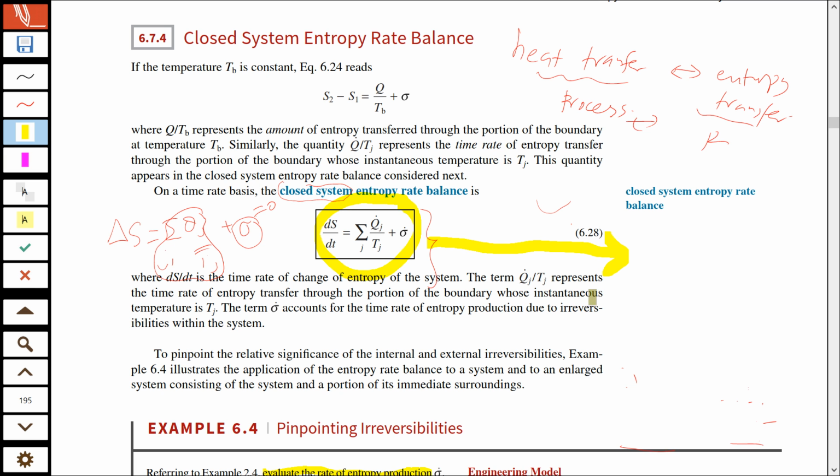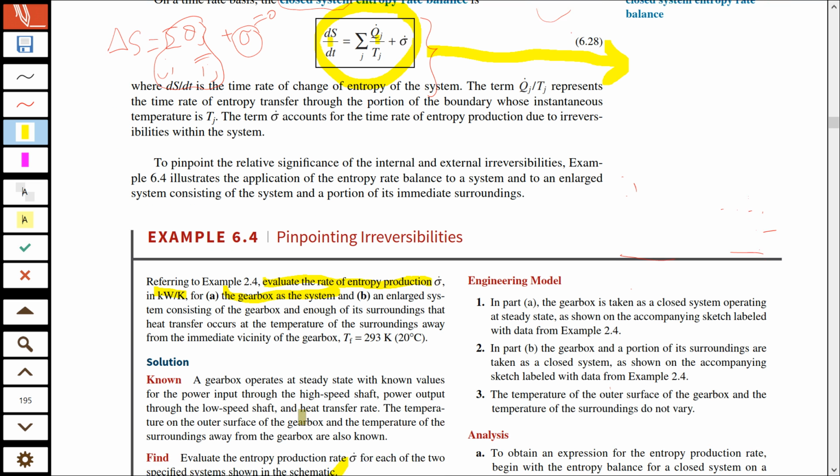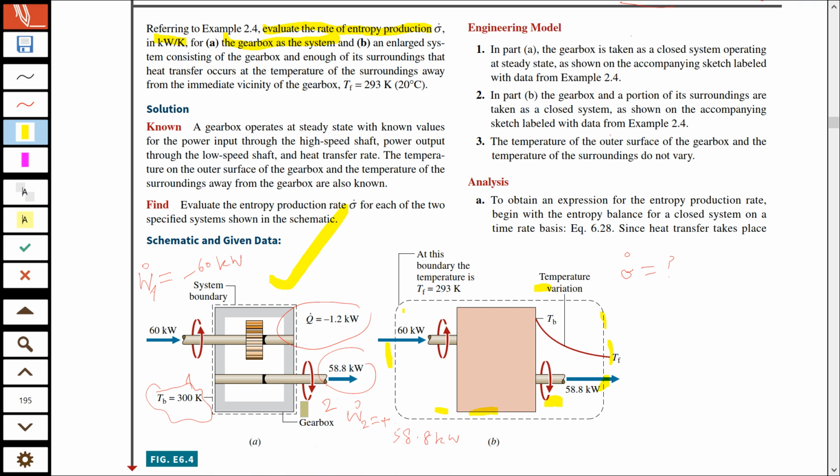So now we are actually solving that example. Can you tell me which of these terms can be set to 0 based on the diagram? If you look at the diagram and at the assumptions, of course, those standard assumptions, kinetic energy change and potential energy change, are zero.